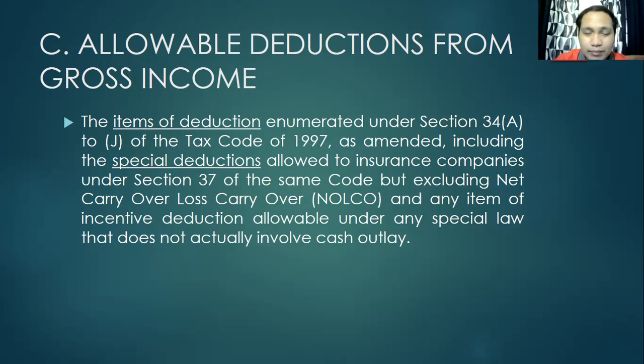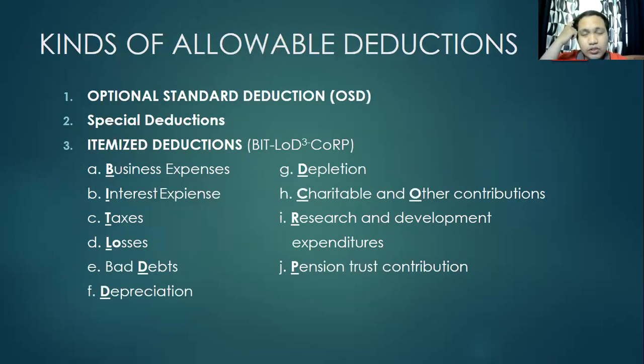So, pina-assignment ko sa inyo yun, di ba? So, later on, we will discuss that. So, we have at least 2 or 3. Let's say 3 na lang. Pero ang pinaka-common dyan are the Optional Standard Deduction or the OSD and the Itemized Deduction.